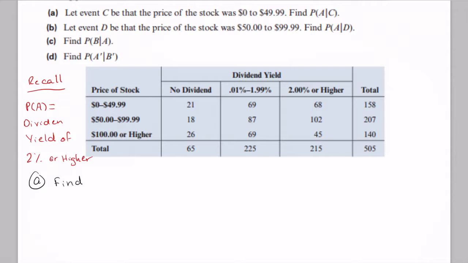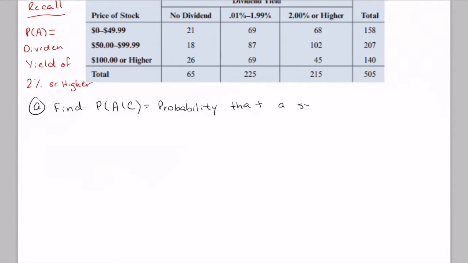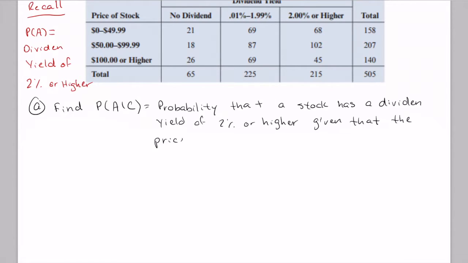Find P of A given C. So this is equal to the probability that a stock has a dividend yield of 2% or higher, given that the price of the stock is, sorry, from $0 to 49.99.